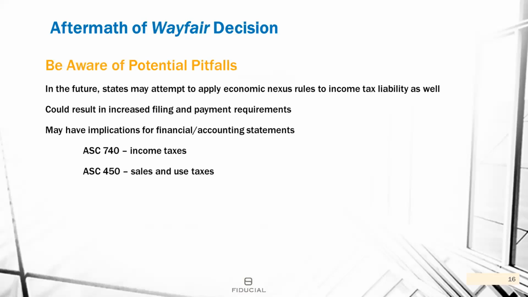And so we may see the day when states will require taxpayers to file and pay income taxes based on having an economic nexus in that state. And this could also have implications for your business's financial and accounting statements. There are two standards that may bear particular attention: ASC 740, which deals with income taxes, and ASC 450, which deals with sales and use taxes.